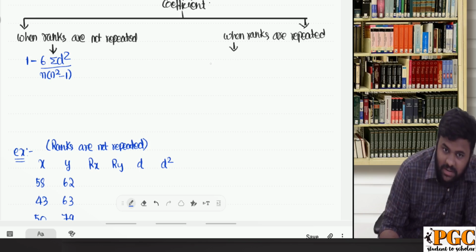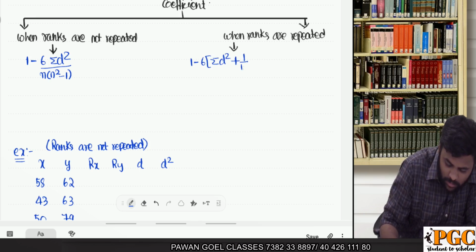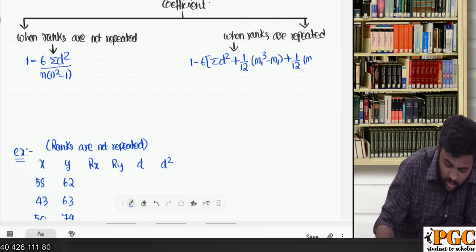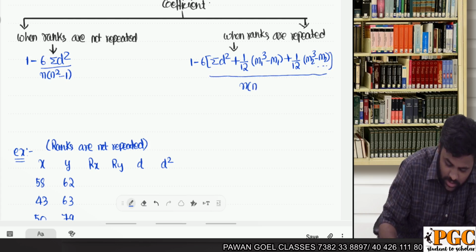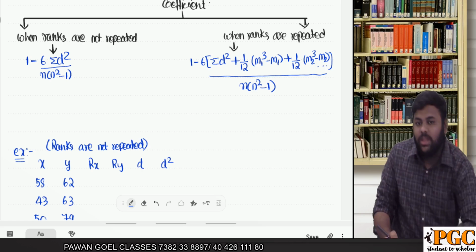When ranks are repeated, the formula is 1 minus 6 into summation of d square plus 1 by 12 into m1 cube minus m1 plus 1 by 12 into m2 cube minus m2 and so on, whole divided by n into n square minus 1. So these are the formulas.